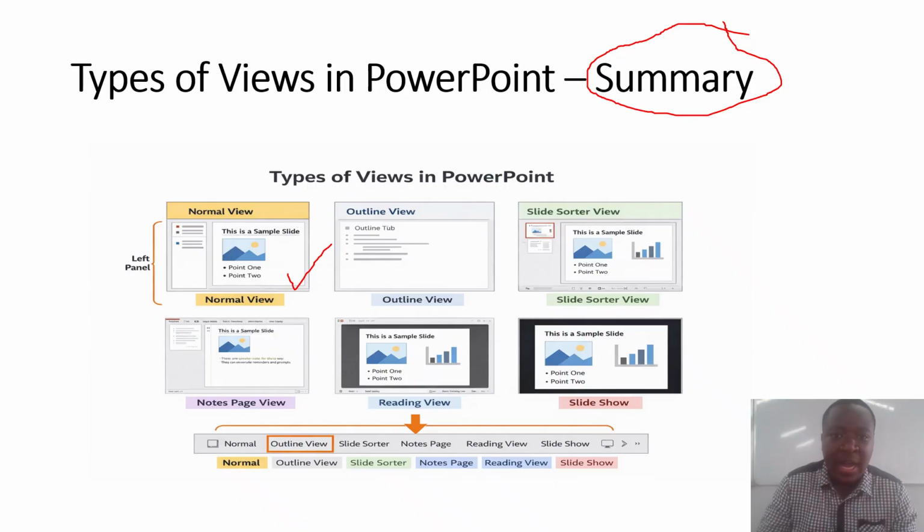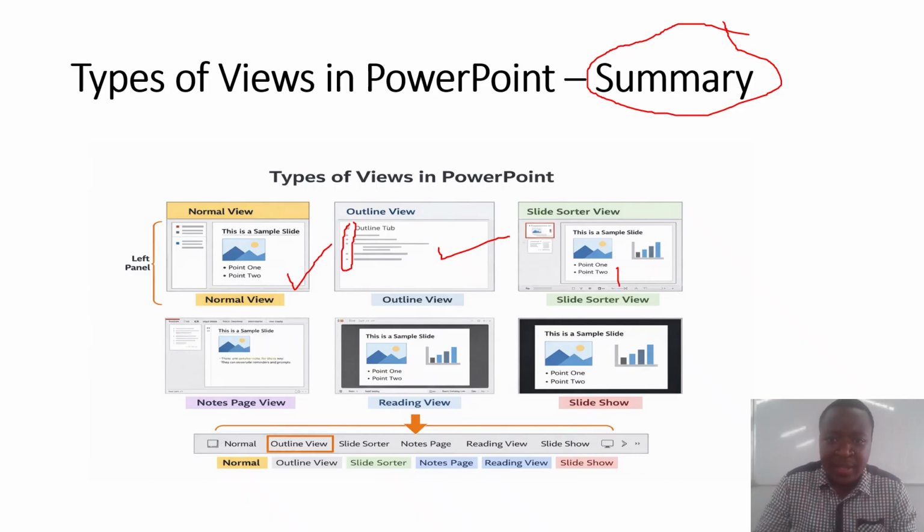And then we have outline view. We are saying it only focuses on text, as you can see here. I said that the thumbnails are small; as you can see, the font of the thumbnails is very small.